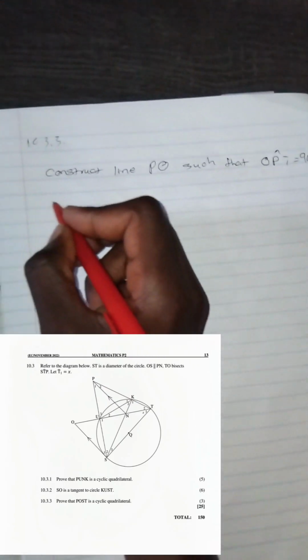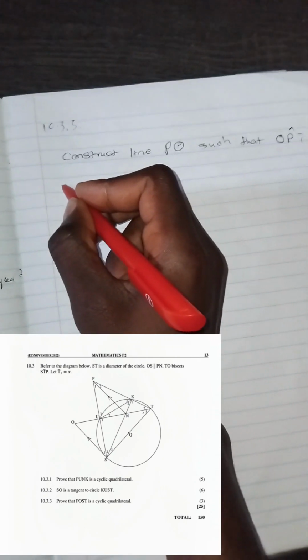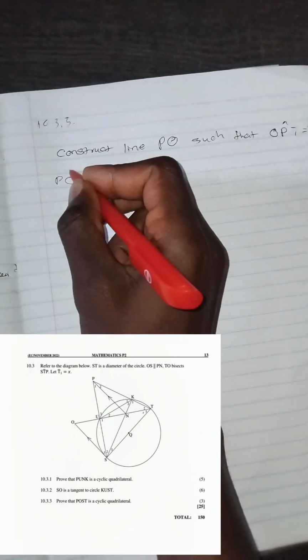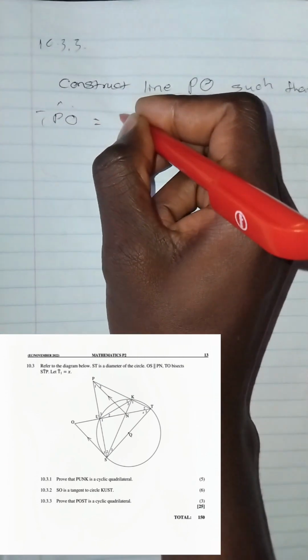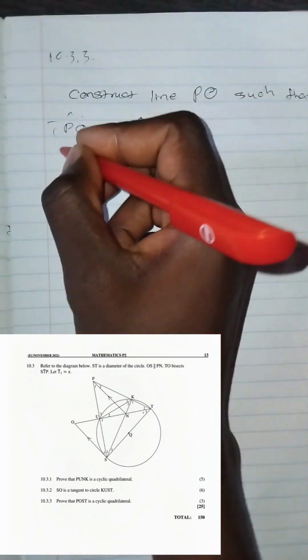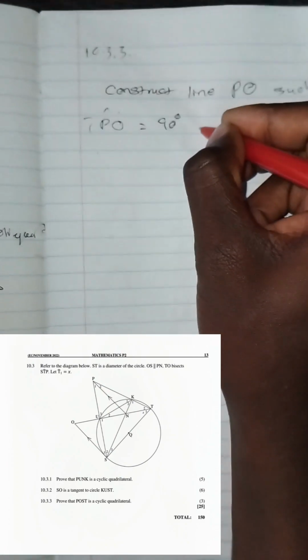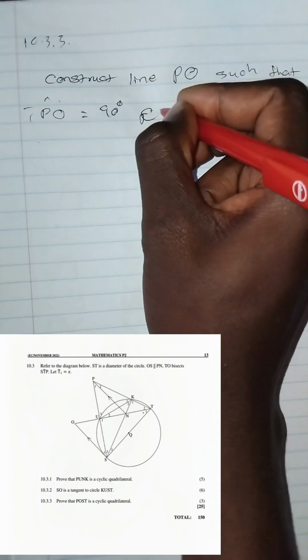We have constructed that. So TPO is equal to 90 degrees, by construction.